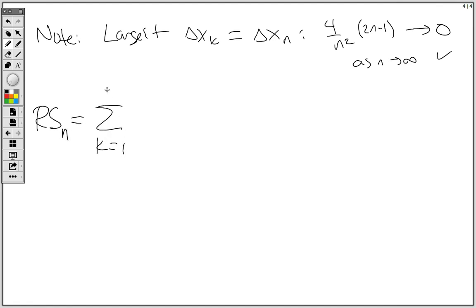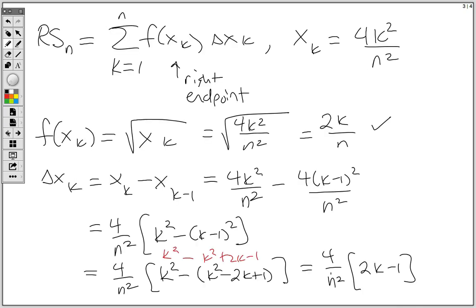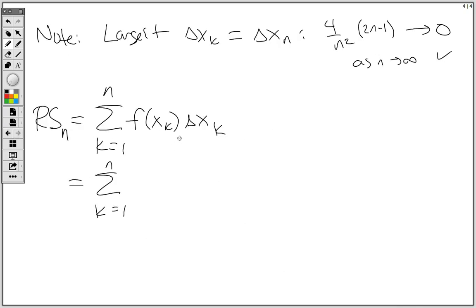So that's the sum, k goes from 1 to n. f of xk is how tall the rectangles are. Delta xk is how wide they are. The f of xk is 2k over n. The delta xk is 4 over n squared times 2k minus 1.